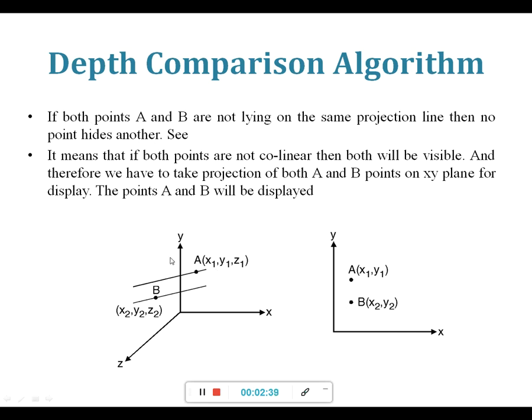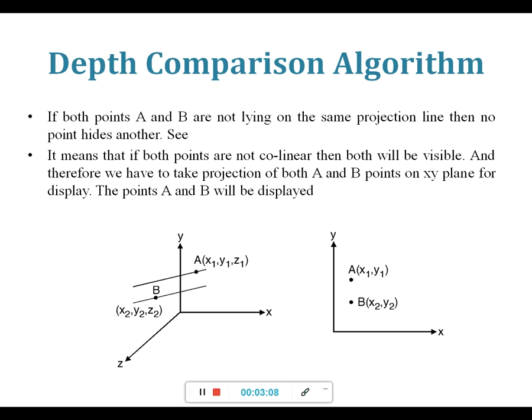We can see in this diagram that A and B are two points on different projection lines. x1, y1, z1 are the coordinates of point A, and x2, y2, z2 are the coordinates of point B. These two points are definitely not lying on the same projection line, and that's why we can say that A is not hiding B and B is not hiding A.